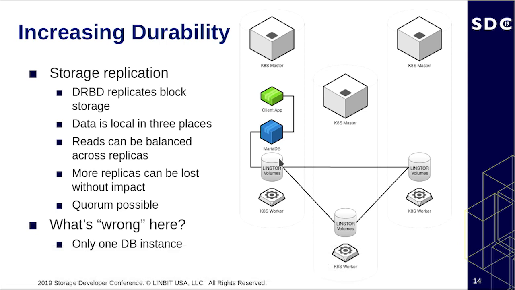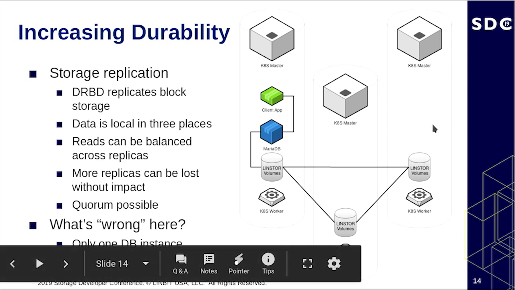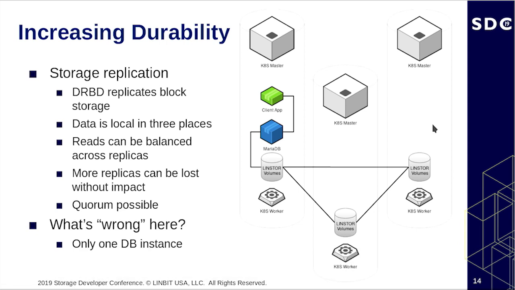And then when this third node rejoins, it will see that it's a data generation behind or two and be able to catch up, and hasn't had any data written to it since it was disconnected. So we can just say, yes, we've lost no data at all. We'll just catch up with the other two replicas and be on our way. As long as we can ensure that your replicas actually don't write any data when they're disconnected from other replicas, you won't get a split brain. You just need a way to make sure of that.